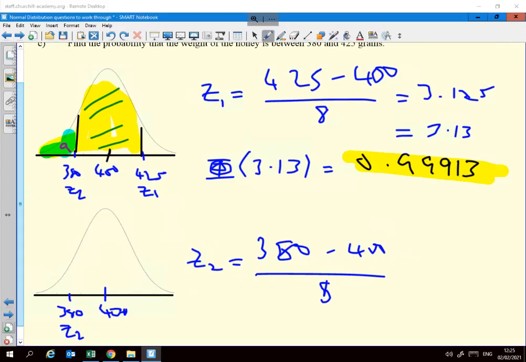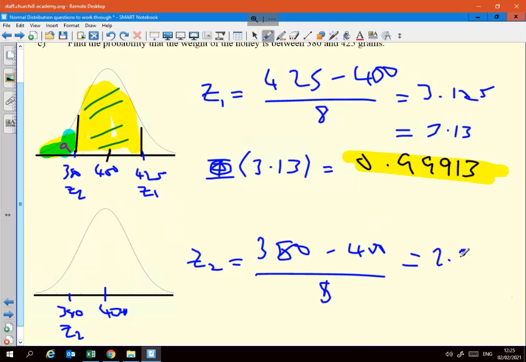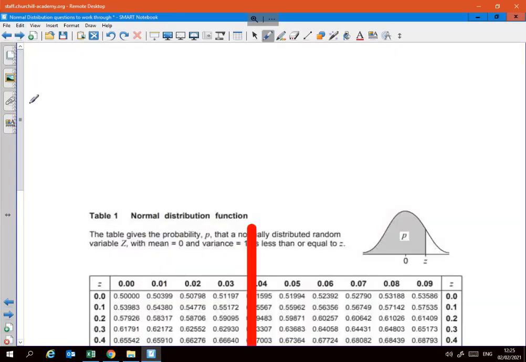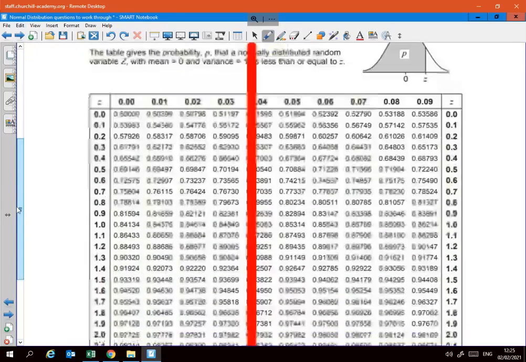And 20 divided by 8, I think that's 2.5. So we got minus 2.5. Now, that presents us with a different problem because that's not in the table.